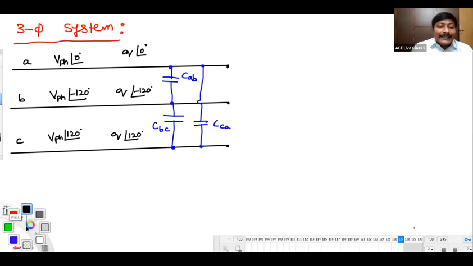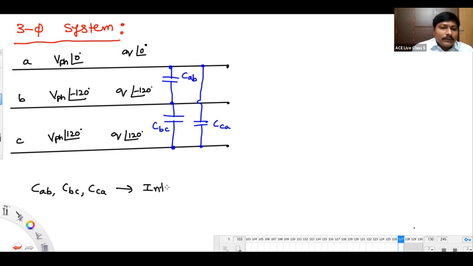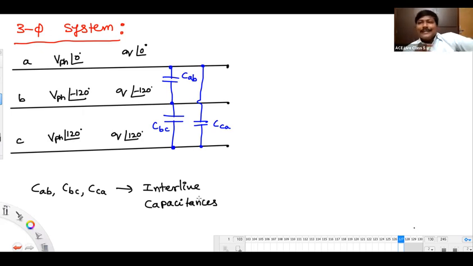These are called interline capacitances, or line to line capacitances. You can call them CAB, CBC, CCA.